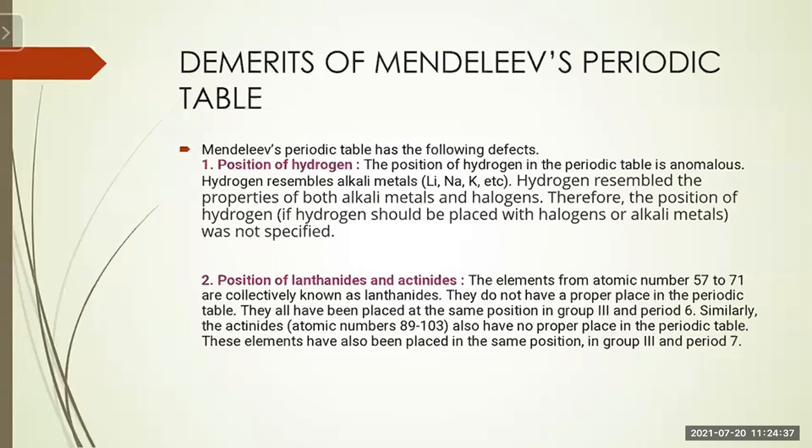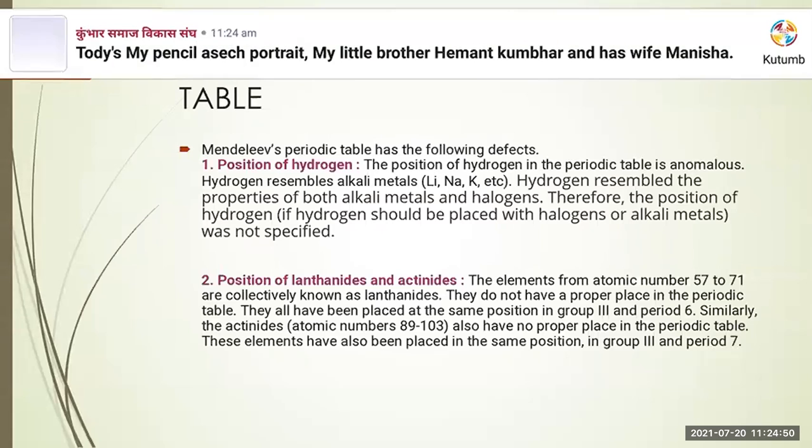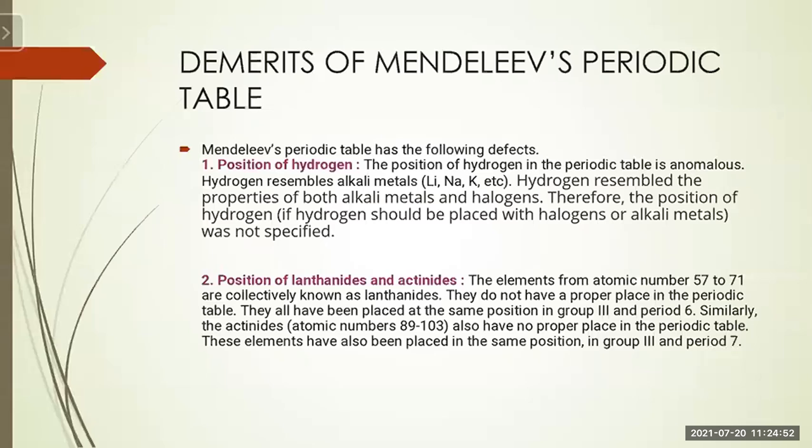Similarly, the actinides, which run from atomic number 89 to 103, also have no proper place, and these elements have been placed in group 3 and period 7. So the second defect is the position of the lanthanides, starting from atomic number 57, and the actinides, starting from atomic number 89.